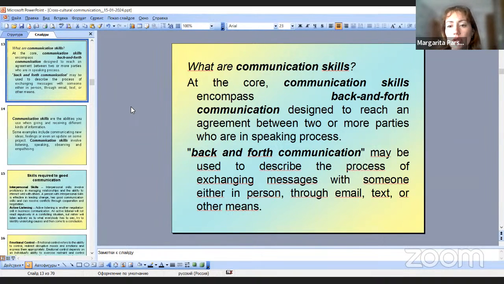Back and forth communication may be used to describe the process of exchanging messages with someone, either in person, through email, text, or other means. So you talk and you are being spoken to, and the other person speaks, and the other person is being spoken to.